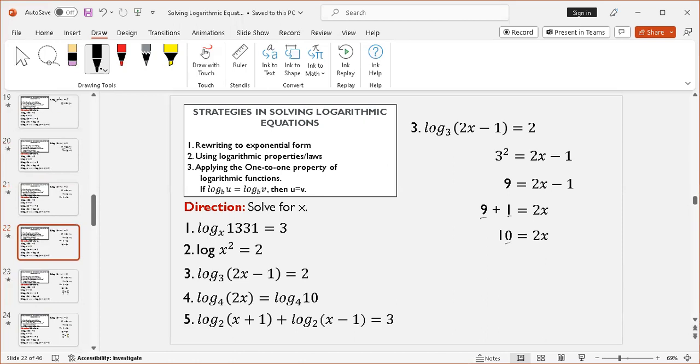And applying the division property of equality, divide both sides by 2 to get rid of this numerical coefficient. Matitira na lang sa x. Therefore, the solution is 5.